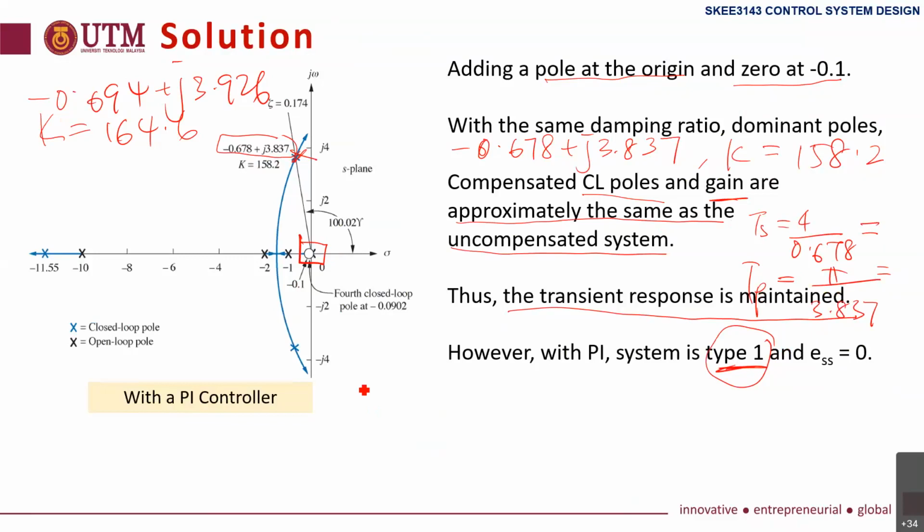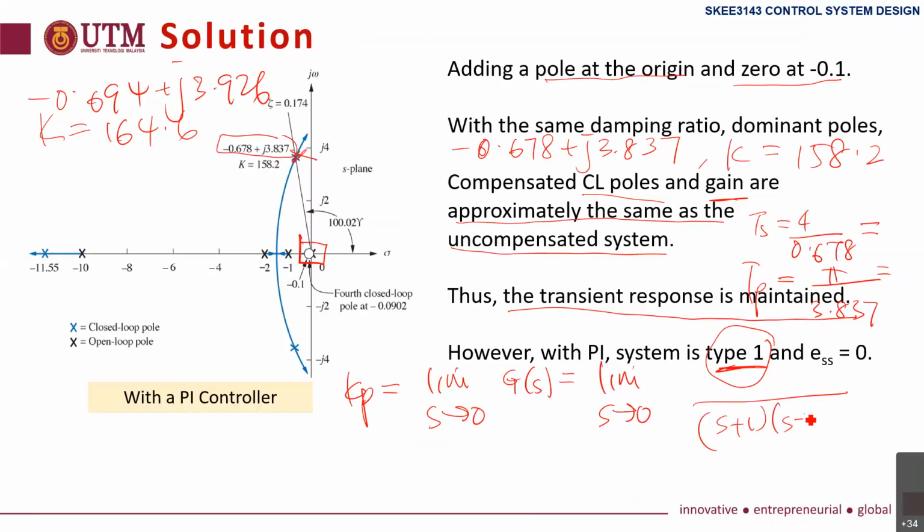So if I calculate Kp as limit s to 0 of G(s), previously G(s) had (s+1)(s+2)(s+10), now we have the zero at 0.1 and another pole here. When we substitute, Kp becomes infinity because of this s, and therefore the error becomes 0.